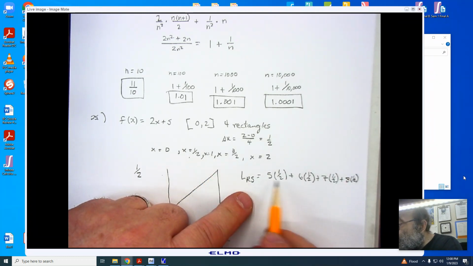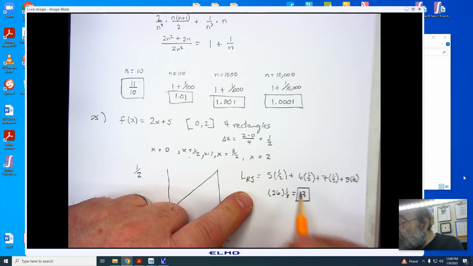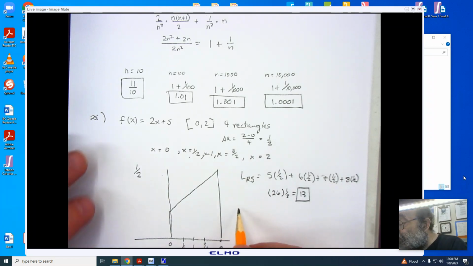And that's going to give me 5 plus 6 plus 7 plus 8, 26. So I'm looking at 26 times 1/2, and I end up with 13 as my left Riemann sum.